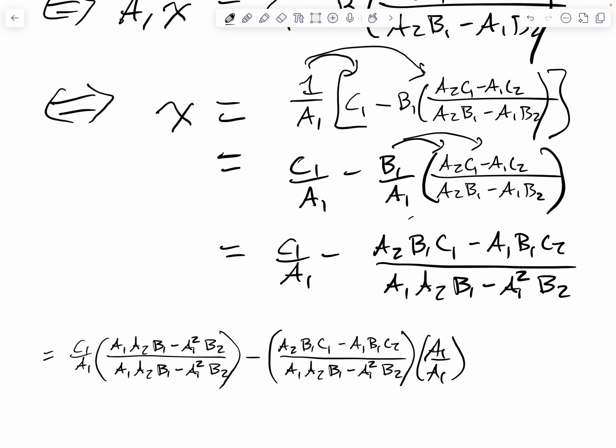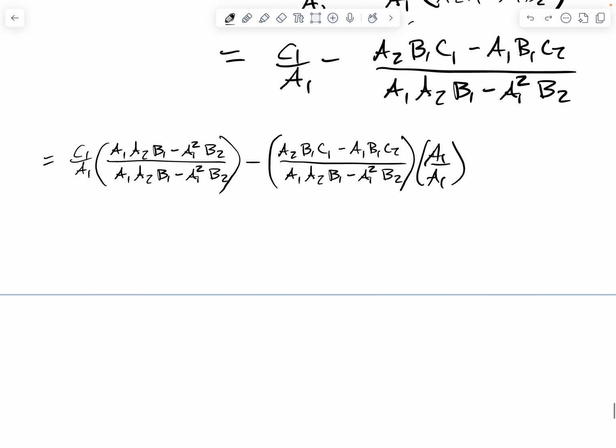So now 2 times 3, 2 times 3. We have a common denominator. So you could have, let's see, A1 and whatever this number is, it doesn't matter. That's its name. If you wanted to. You don't have to do none of this at all.